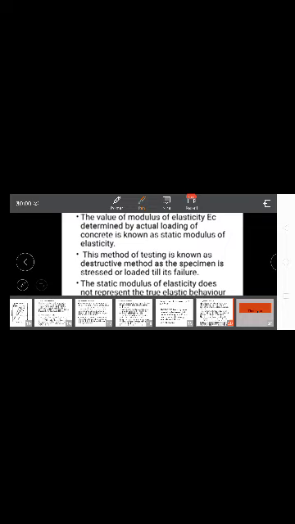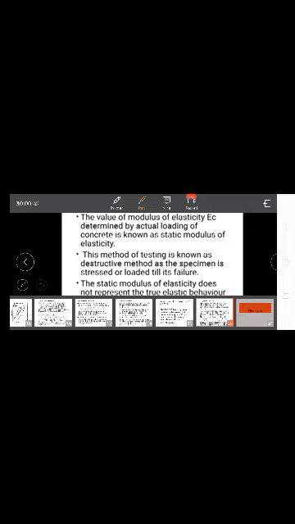What you can figure out is that the strain of wet concrete is less than that of dry concrete. Hence the modulus of elasticity is higher for wet concrete than for dry concrete. So the state of wetness also plays a major role in finding the modulus of elasticity.